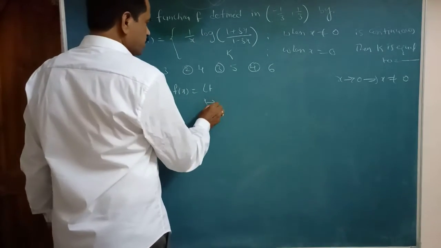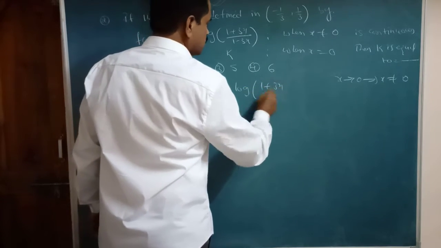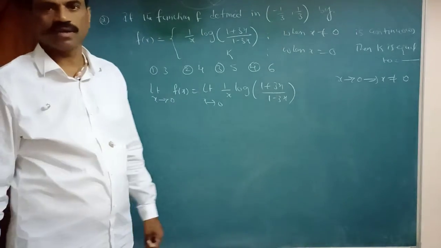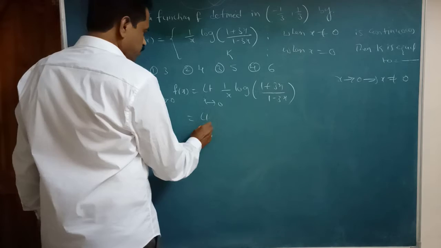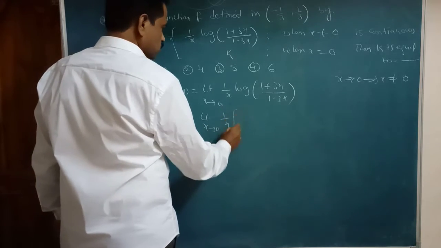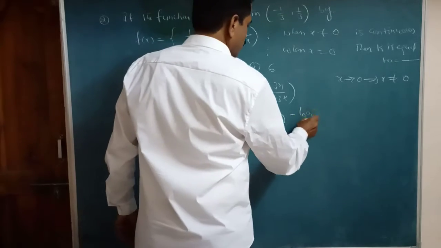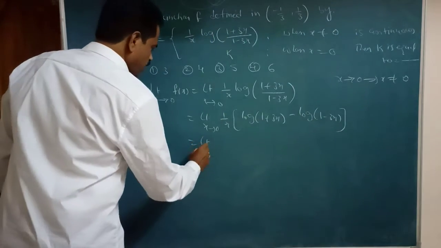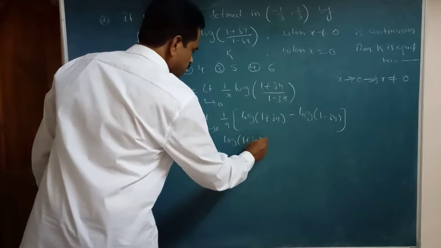That is limit x tends to 0, 1 by x log of (1 plus 3x) by (1 minus 3x). We know that log m by n is log m minus log n. That equals limit x tends to 0, 1 by x into log of (1 plus 3x) minus log of (1 minus 3x). So that equals, now multiply the 1 by x, log of (1 plus 3x) by x.